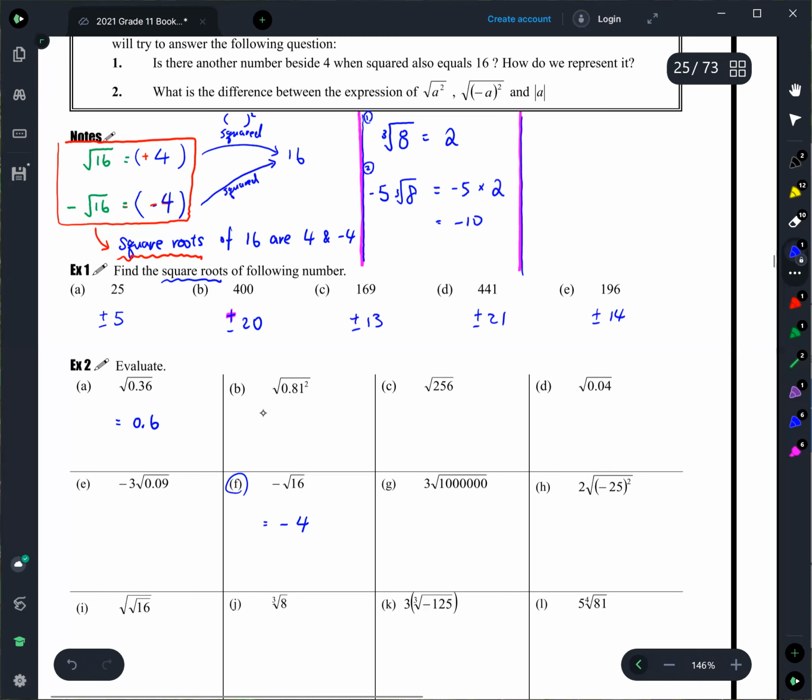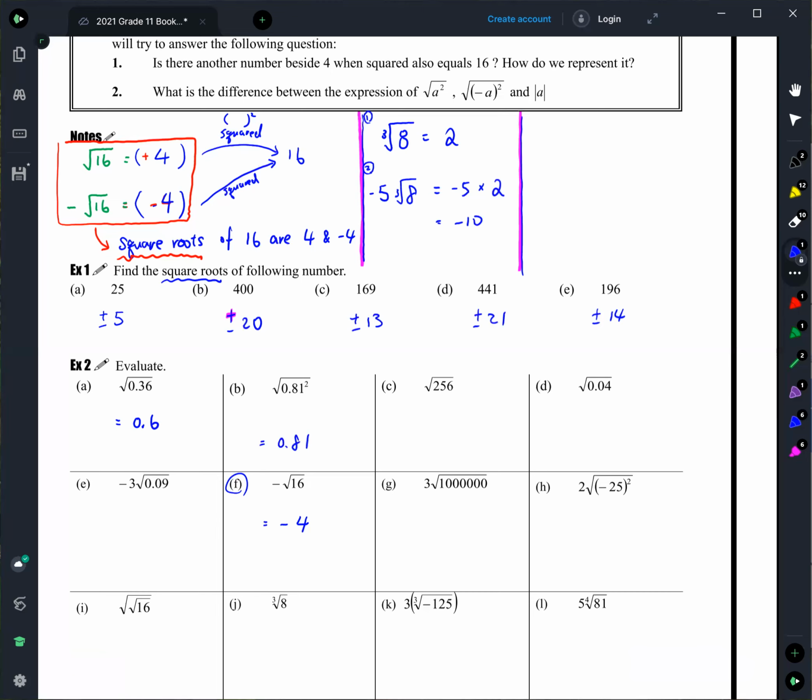Okay, for question 2, exercise 2B. Valerie, what do you have? 0.81. Yeah, 0.81. And Jenny, C. I have 16. Yeah, good. And question D, Aaron. I got 0.2.